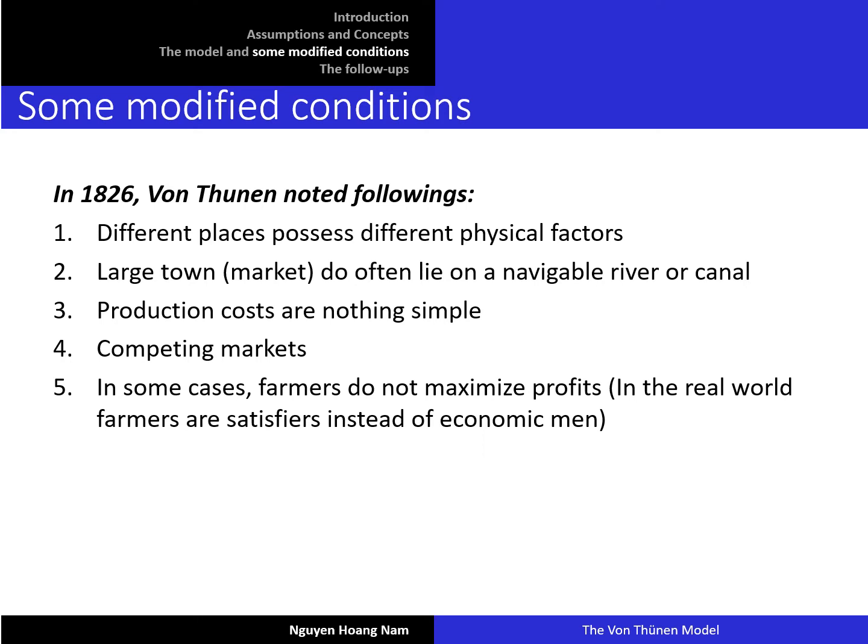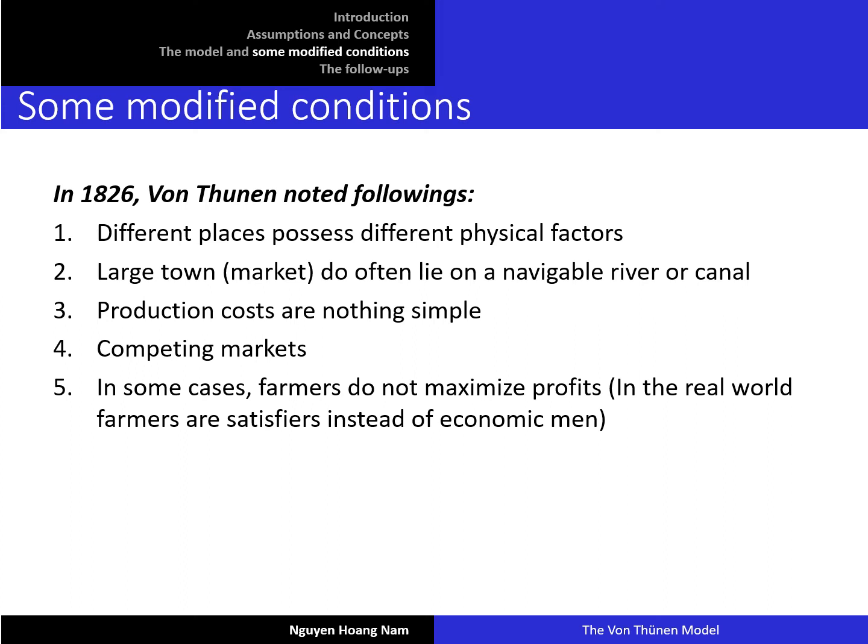They just follow the neighbors, farmers that they can see are earning benefit, and they just plant whatever they want. So in reality, it is harder for us to judge what's going on.